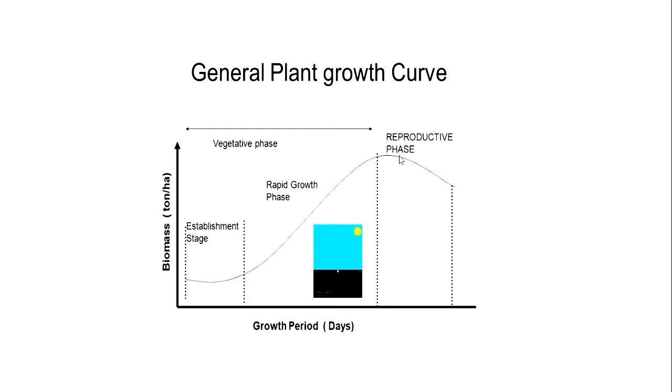This is the reproductive phase or stationary phase, and this might be the declining phase. So when a plant is growing over time, the growth looks like an inverse S shape.